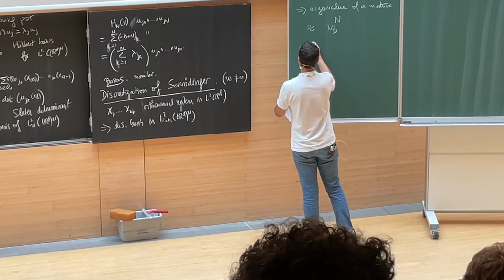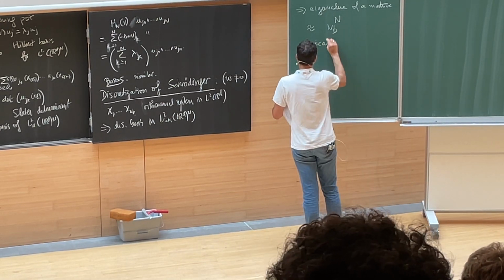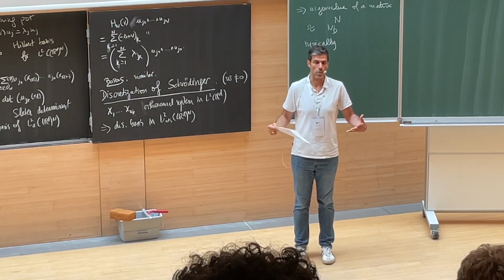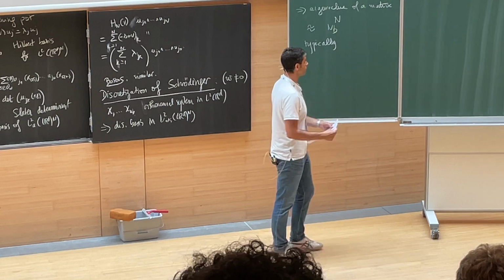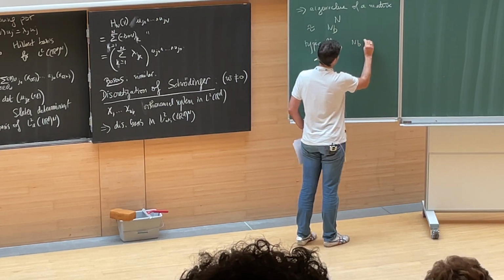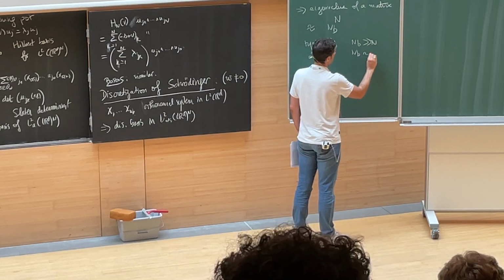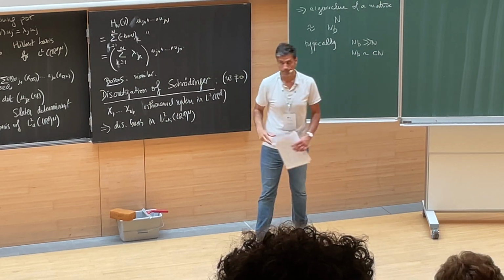Okay, so typically, you have to think that NB is your discretization basis for one electron, so it cannot be too small. So typically, NB is much larger than n, or maybe NB is of the order of a huge constant times n.